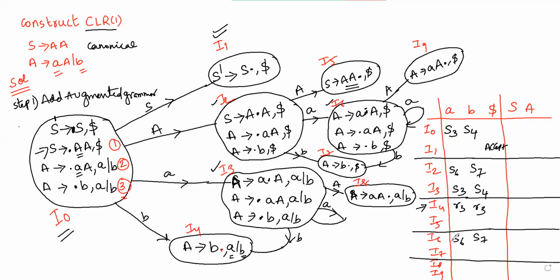Now you write the I5 value: AA dot is called R1. It is the first production only.